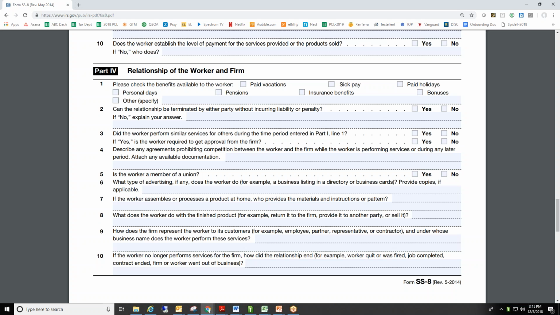And so what happened was the state of California went to my client, the general contractor, and said, hey, is this your employee? And he said, no, he's not an employee. I give him a 1099. He invoices me. I even get a copy of his business license every year, because I'll talk about that in a moment.